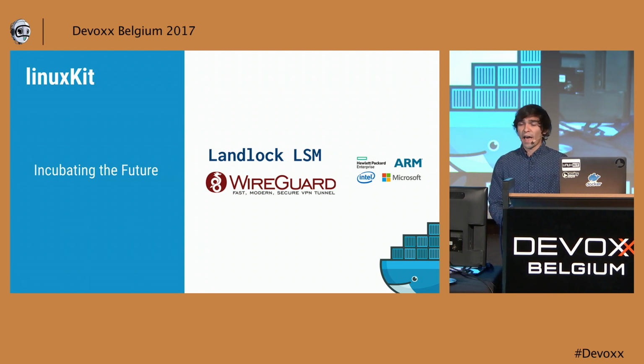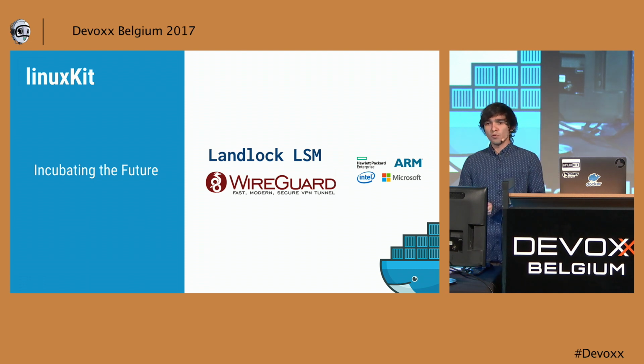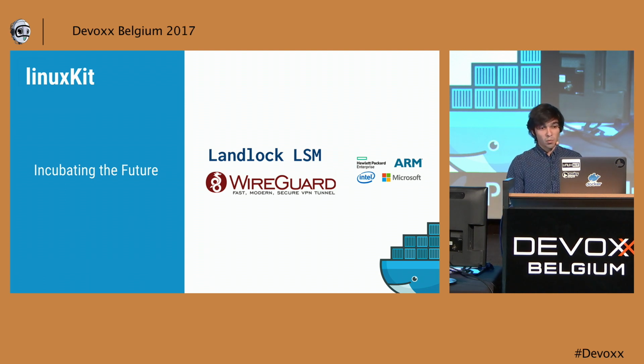Another project that we actually have in the LinuxKit kernels and user space for you to try is called WireGuard. WireGuard is a VPN. It's based off of, or rather it implements, the Noise protocol, which you may have seen is a very good piece of crypto that's been integrated into other systems as well.